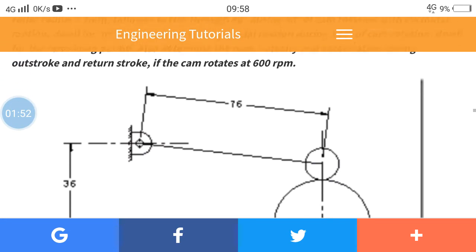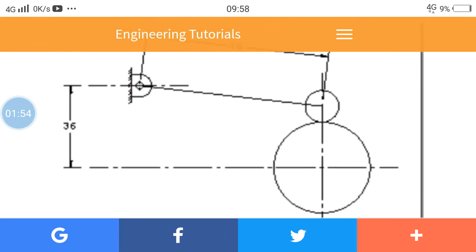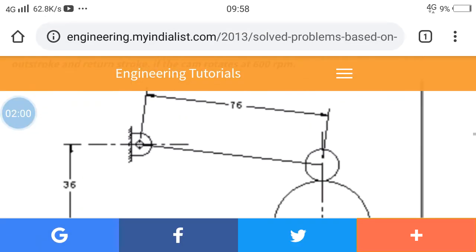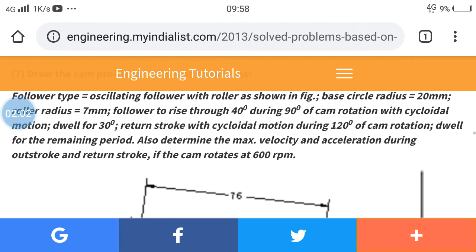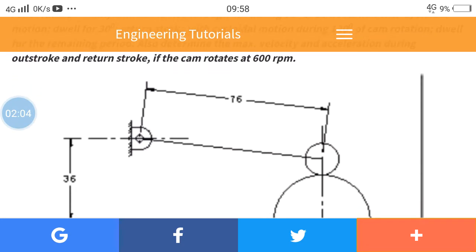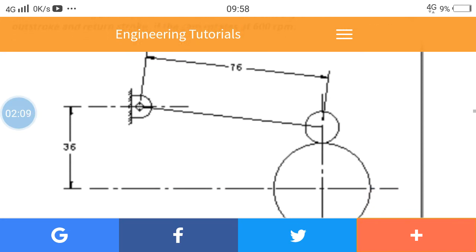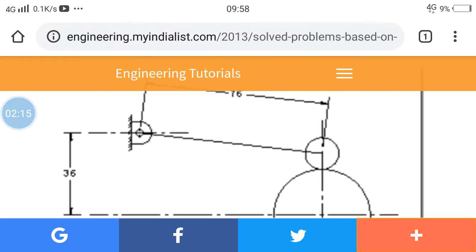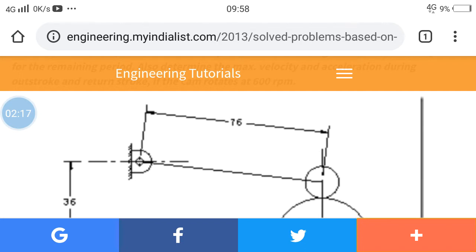What you need to do is, he has given this figure, you need to follow this. You need to construct the mechanism like this only, with 36 mm and 76 mm.